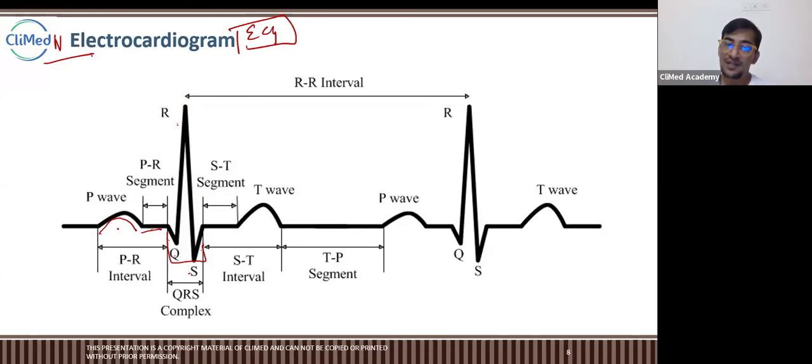So the P wave is normal, this is looking normal. Then QRS, and this is the ST segment. All segments are considered baseline. And see what you see in STEMI or NSTEMI. In STEMI, the ST will be elevated like this.